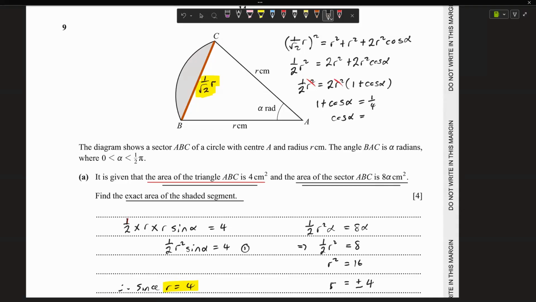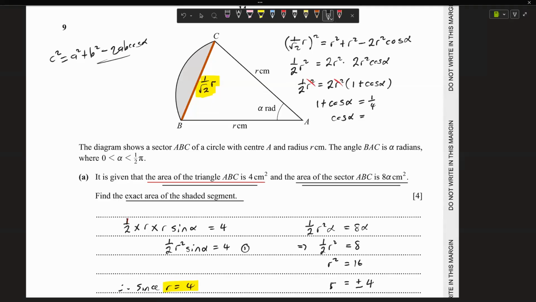which should give us, if we look at my cosine rule, I think it has to be minus. Because the cosine rule says c squared is equal to a squared plus b squared minus, not plus, 2ab cosine of alpha.